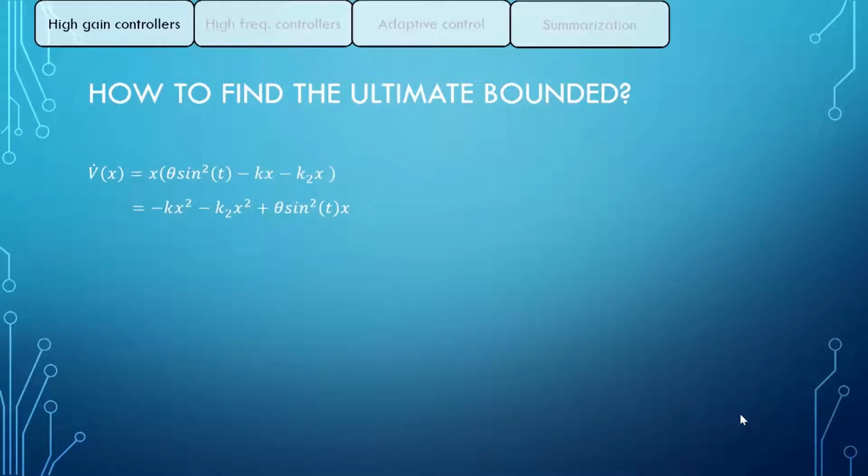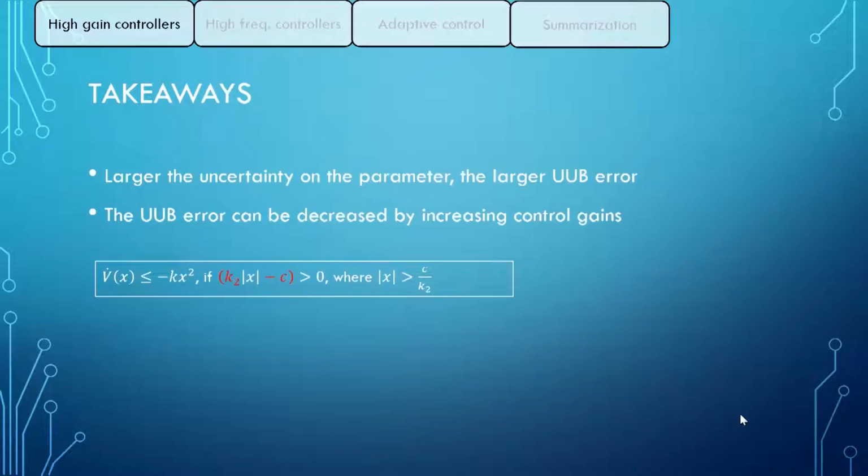So starting from here, let's take the analysis of x dot again. So you have minus kx squared minus k2x squared. We keep the first term, and we say that the second term will be negative if the condition holds.